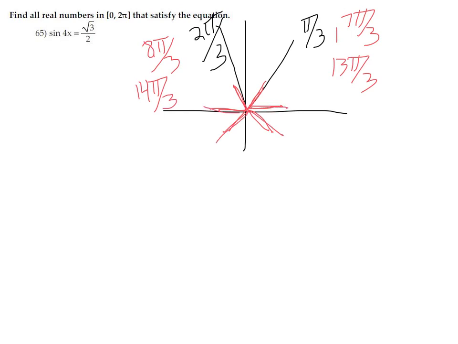Last time around the circle, 19, 20, 21, 22, 23, 24. 24 pi thirds would be 8 pi. That is 4 times around the circle.